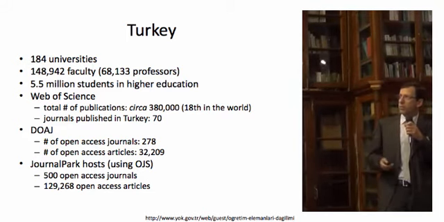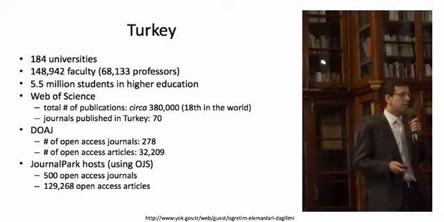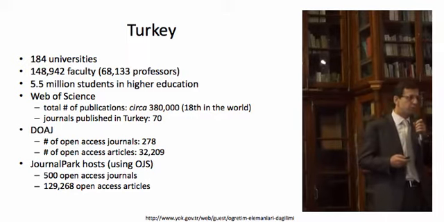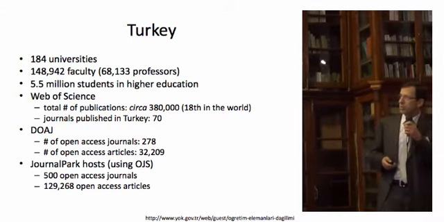Basically, we have almost 400,000 articles, so we are in 18th place in terms of the number of papers produced by Turkish researchers.